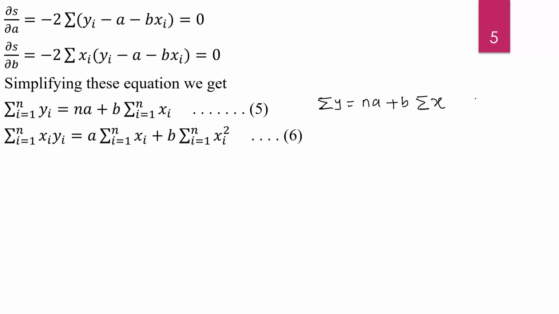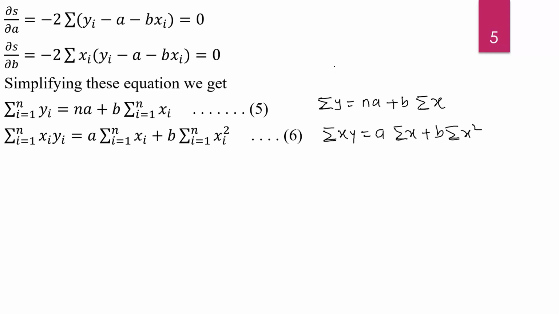This is the first equation, and the second is summation xy is equal to a summation x plus b summation x square. These are the simple equations, instead of writing i is equal to 1 to n.